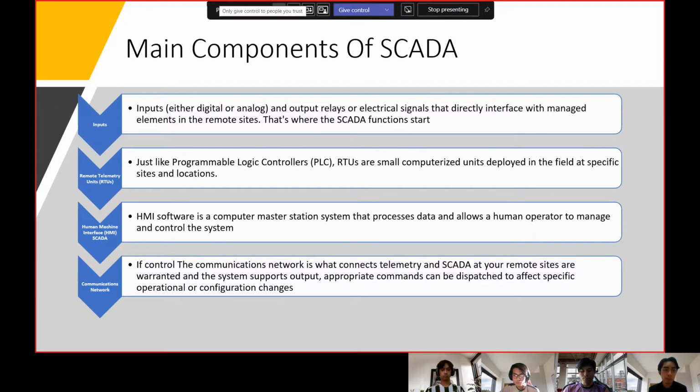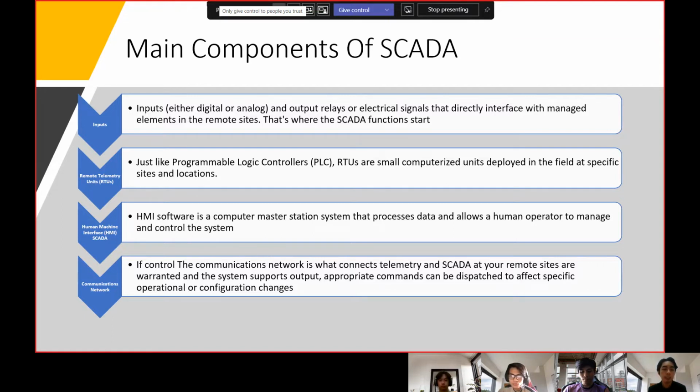The next part is the RTU, the remote telemetry unit. Just like a PLC, RTUs are small computerized units deployed in the field at specific sites and locations. The next one is obviously the HMI SCADA, which is the human-machine interface software, a computer master station system that processes data and allows a human operator to manage and control the system.